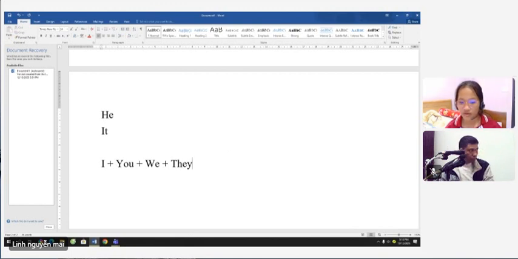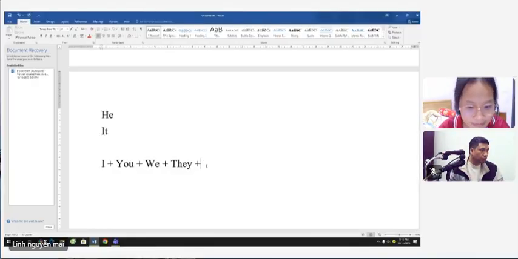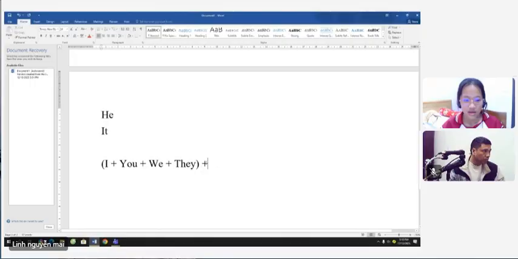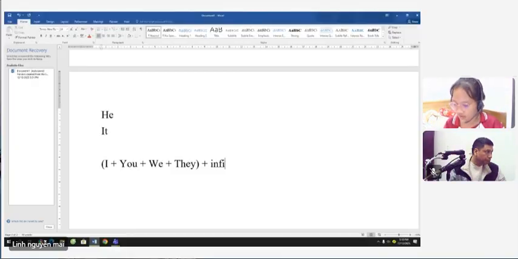So for these pronouns, when we use the verb in the simple present tense, it will go with the verb, the normal verb that has nothing added, that is the infinitive verb.